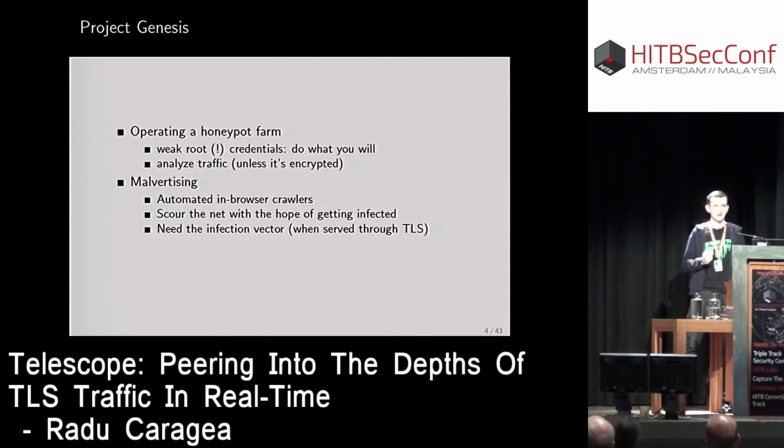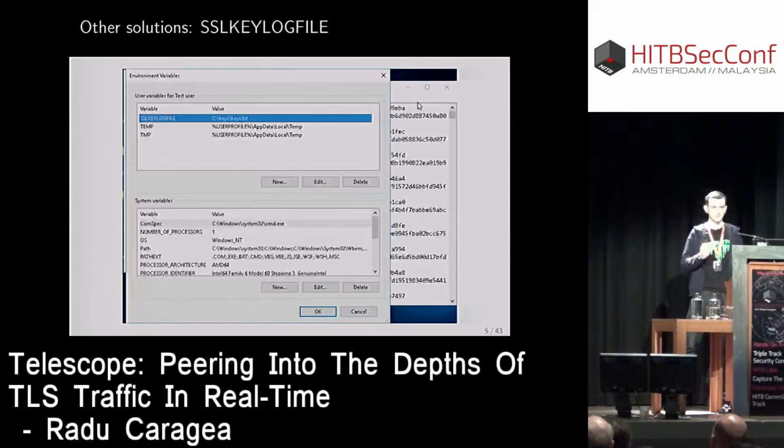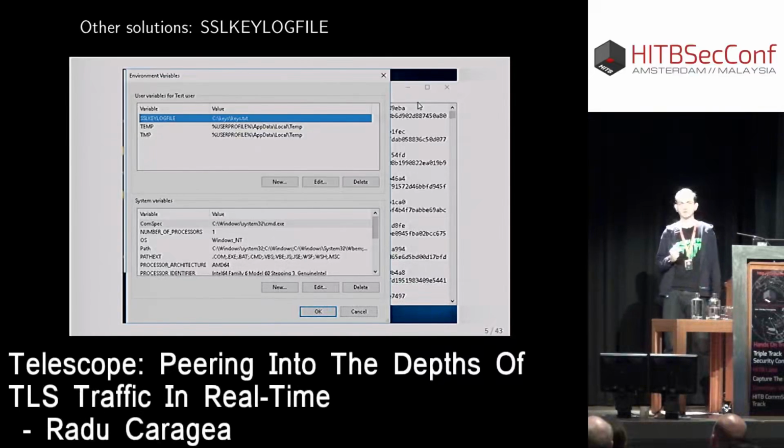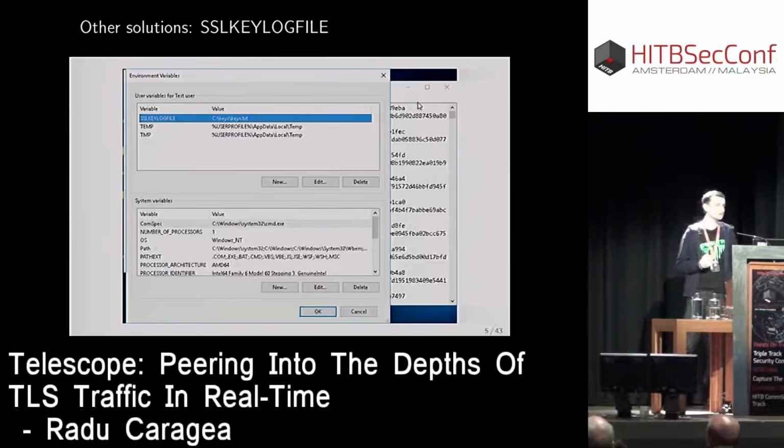All right. So let's see what are the current solutions for getting TLS traffic, and then we'll see why they aren't enough. So the first solution is called SSL keylog file. It's just like a regular keylogger, but instead of logging keyboard keys, it logs SSL keys. And actually, it's implemented in Firefox and in Google Chrome by default.